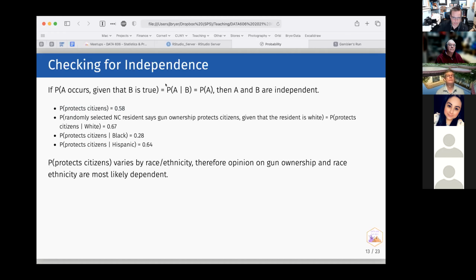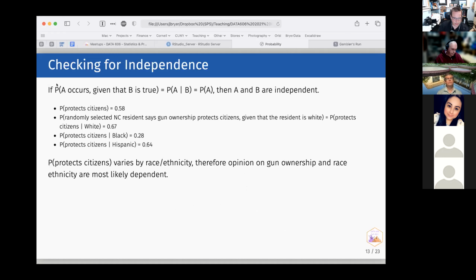I guess this was just in this particular data set from North Carolina. Respondents were randomly selected in North Carolina, and if they were white, 67% of them said yes. Black respondents were 28% and Hispanic was 64%. So the question is, is one's belief in gun ownership independent of ethnicity?